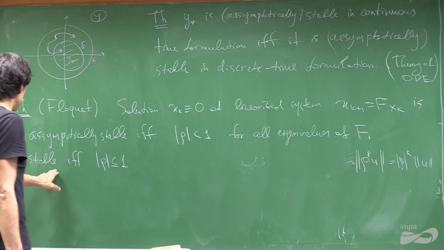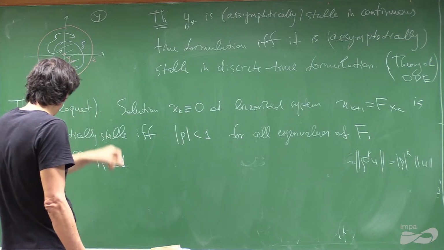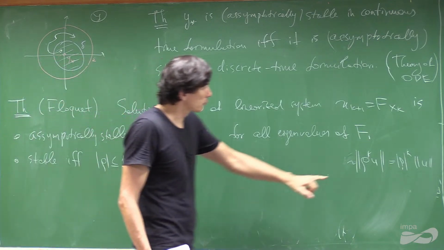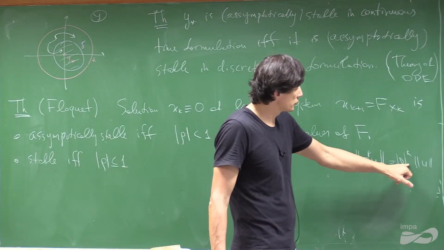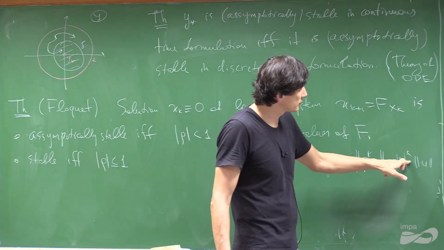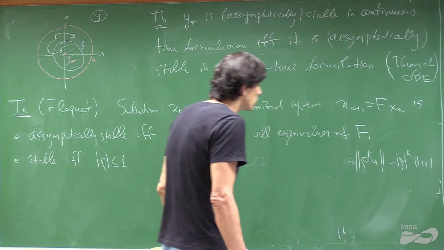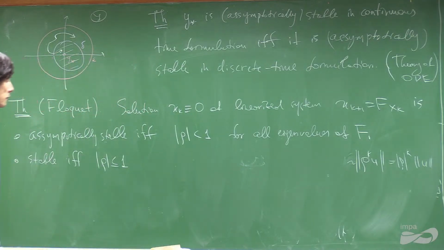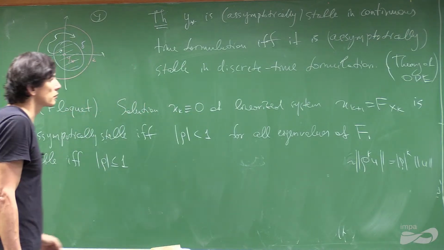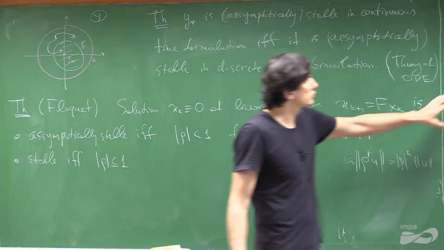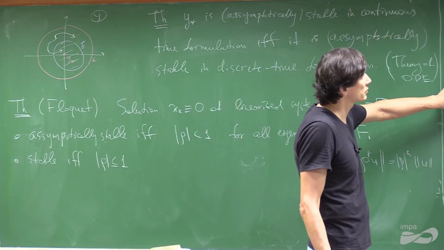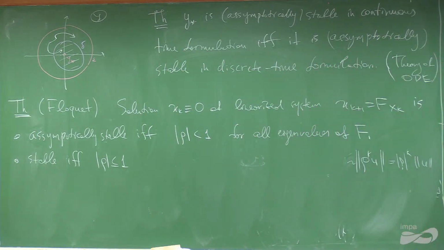So the second condition: it's stable if all of them are smaller than or equal to 1. The solution either decays or it remains the same in absolute value. But then there is a question about Jordan chains, because in a Jordan chain, if there are generalized eigenvectors, there will be some solutions which increase as a power law in k, with this k coefficient.